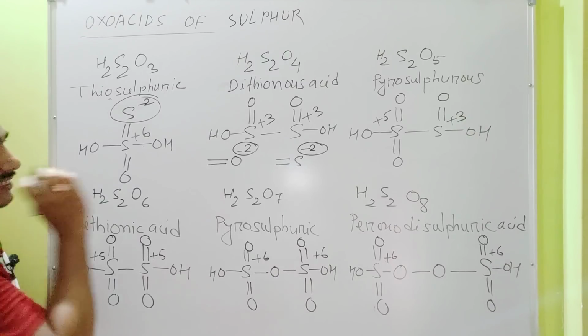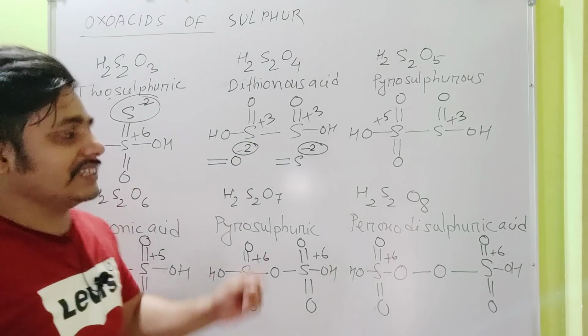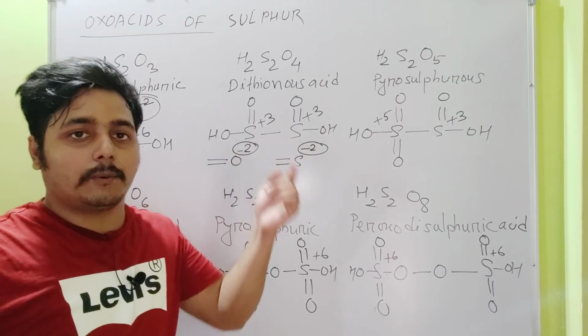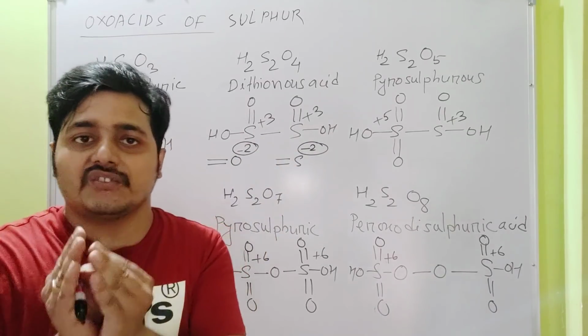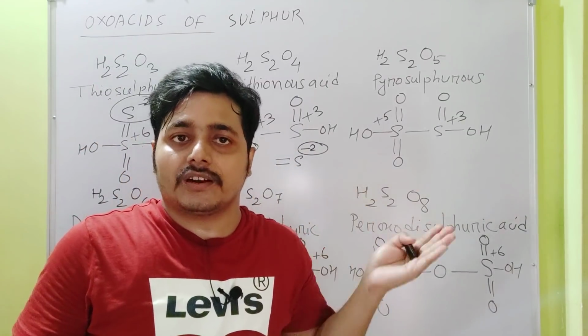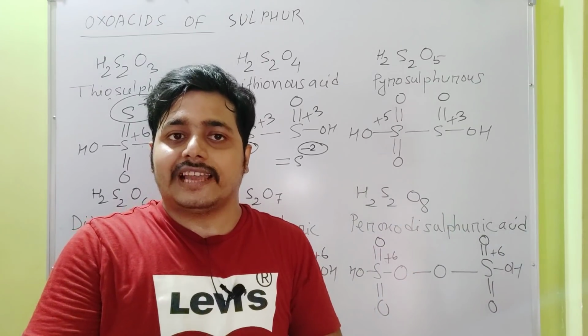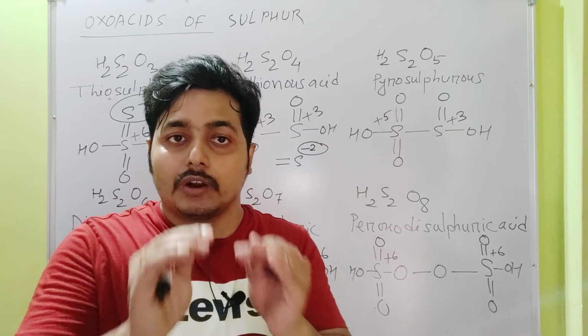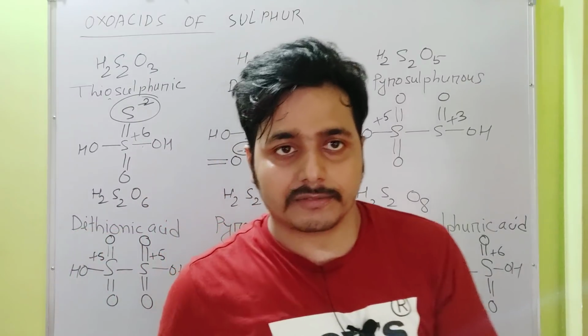Okay, in this case, actually what happens? This sulfur is linked to another sulfur by single bond. If one sulfur is linked to another sulfur by single bond, then both the sulfur do not get any oxidation state.